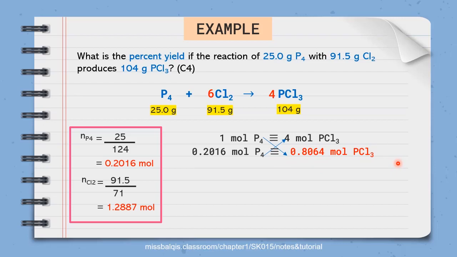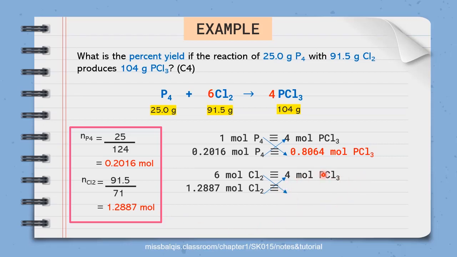Then for Cl2, we know that 6 mole Cl2 produces 4 mole PCl3, which comes from the theoretical value here, the balanced chemical equation. Then simply take this number, 1.2887 mole, we are relying on, and do the cross multiplications to get the unknown here.